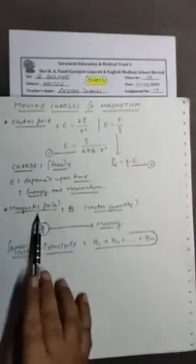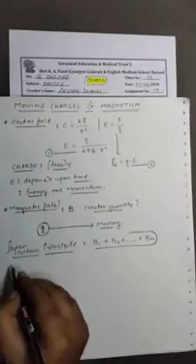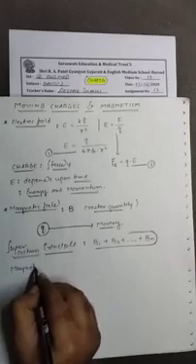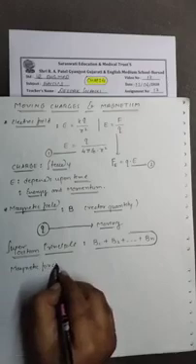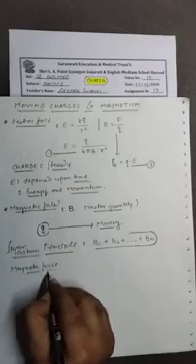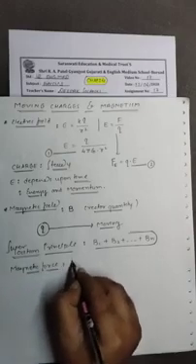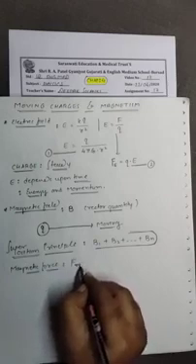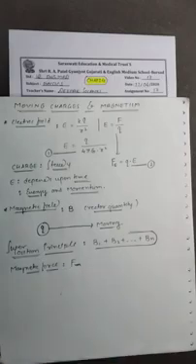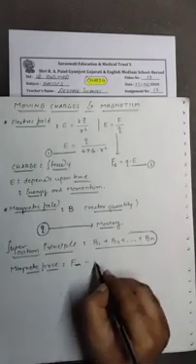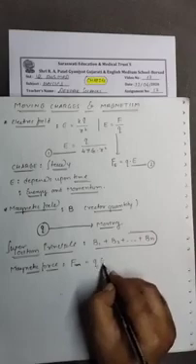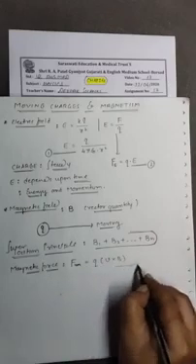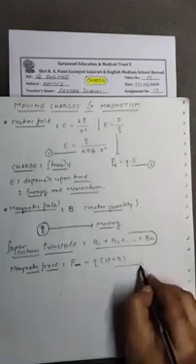Now we have magnetic field, so there must be a magnetic force. And this magnetic force is symbolized as F for force and M for magnetic, right? And that magnetic force is given by Q in bracket V cross B. Give it equation number 2.